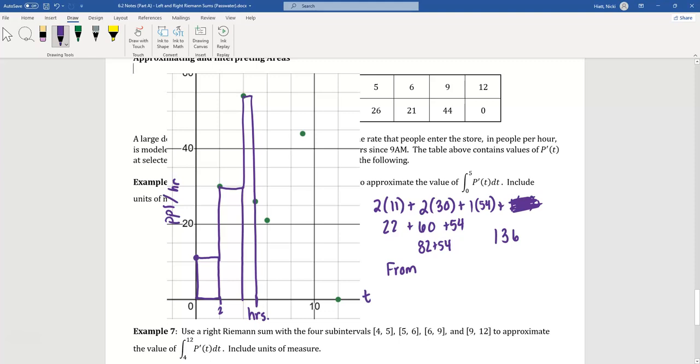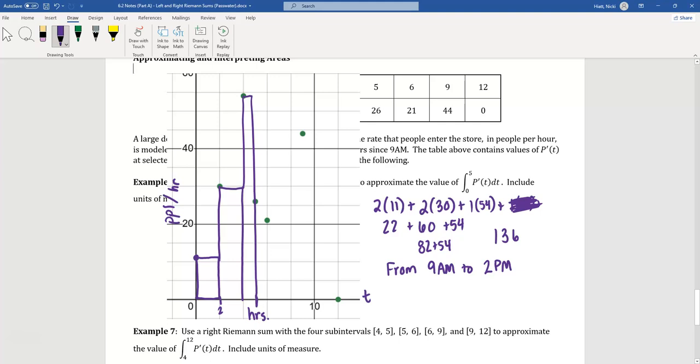It's what time did the store open? 9 a.m. So from 9 a.m. to what would be 5 hours later? 2 p.m. is what we're looking at. That's our time frame. A lot of times you can just do t equals 0 to t equals 5 hours. You could do that here, but it's hours since opening, so this is a better explanation if you're trying to tell somebody what this really means. So from 9 a.m. to 2 p.m.